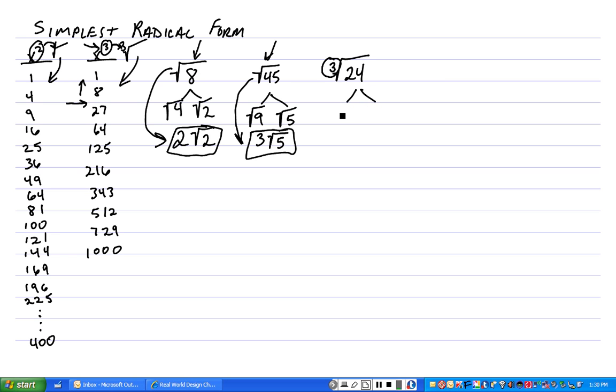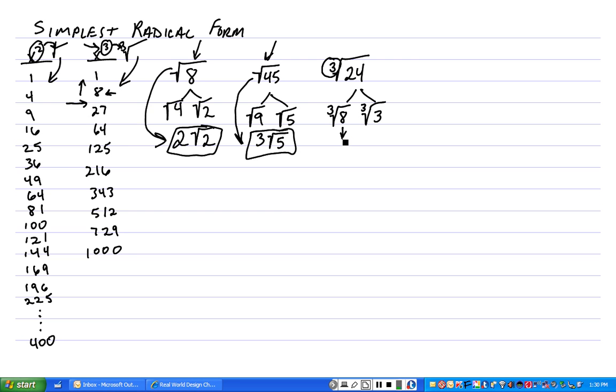Alright, so the cube root of 24 is like saying the cube root of 8 times the cube root of 3, because 8 times 3 is 24. So the cube root of 8 times the cube root of 3 is the cube root of 24. And we said that 8 is a perfect cube. Here it is right here on our perfect cube list.